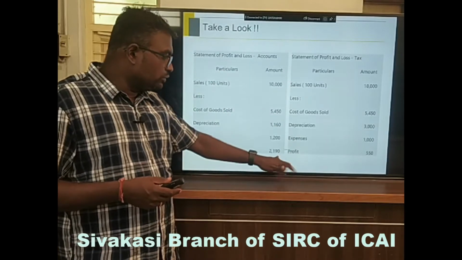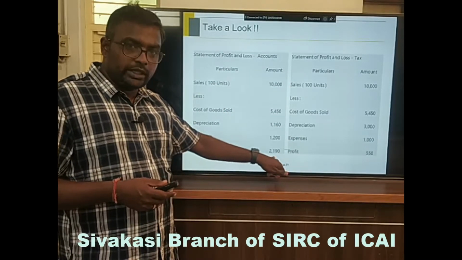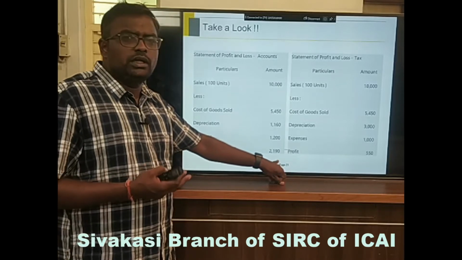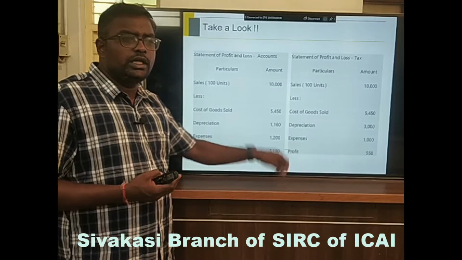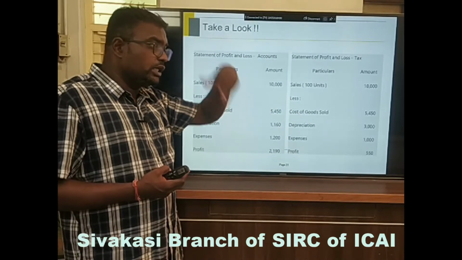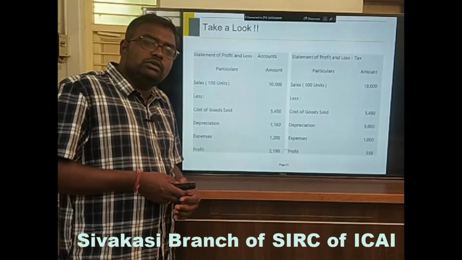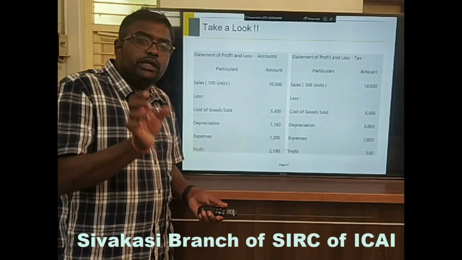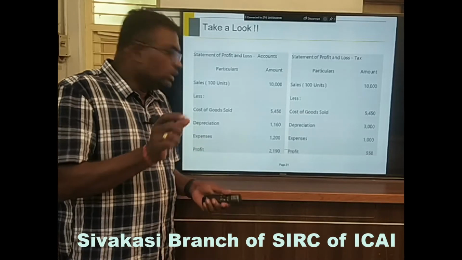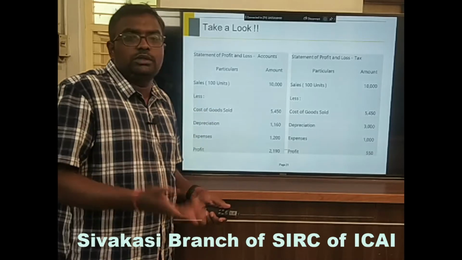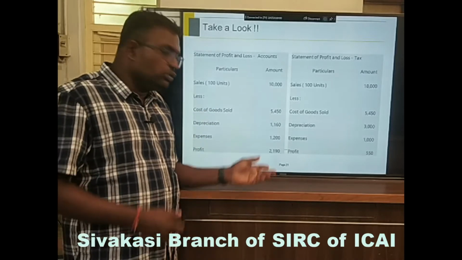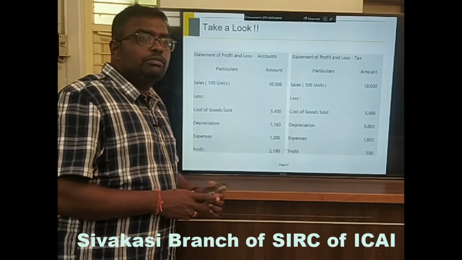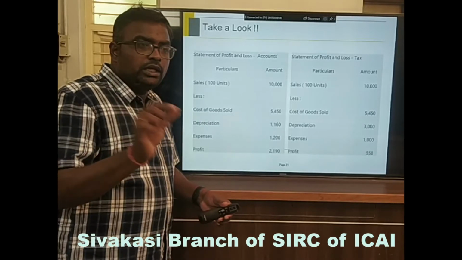So if 2190 is a loss, assume for a moment it is for income tax purposes itself, this 2190 can be carried forward. Say for example, next year you earn 5000 rupees as income, you can reduce this 2190 and pay tax only on 2810 rupees, though you earn 5000 rupees as profit.